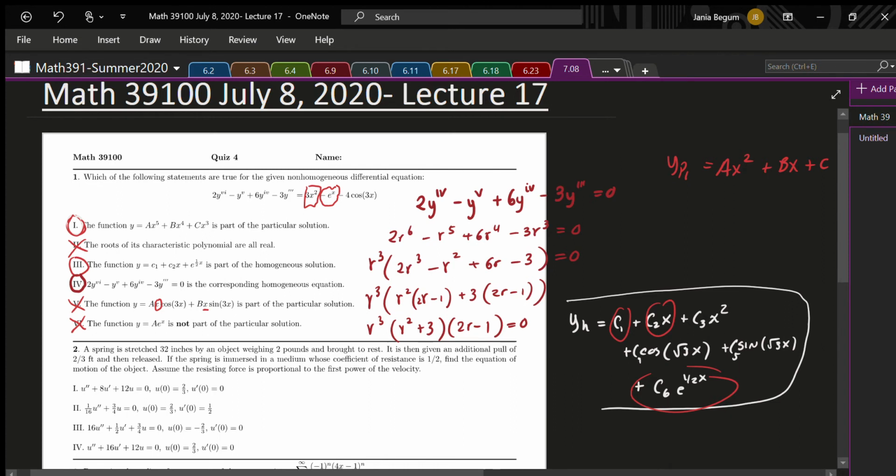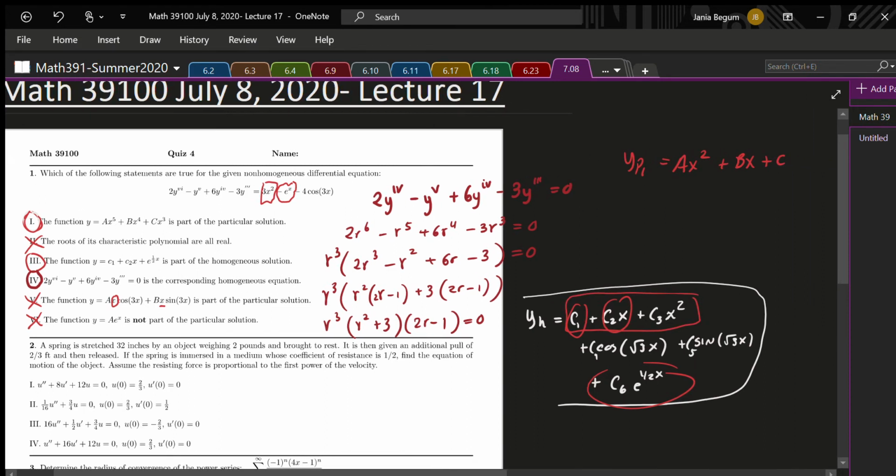Now, because these terms are exactly same as the homogeneous ones right here, so to make it independent from the homogeneous solution, we modify this by multiplying by x to the 3rd power. So then if you distribute this out, you will get ax to the 5th plus bx to the 4th plus cx to the cube. And all of those will be different from the homogeneous solution.